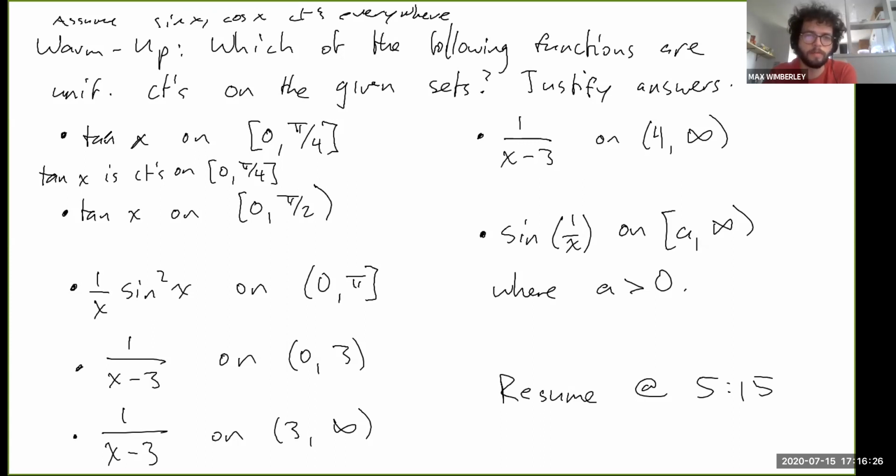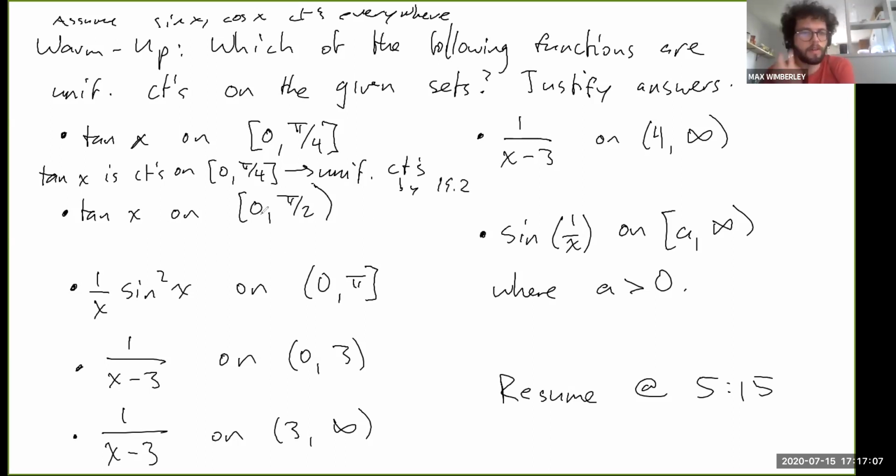That's enough to say that tangent of x is continuous on this interval. And because it's continuous, it's automatically uniformly continuous. That's by, what was it, 19.2 or something.